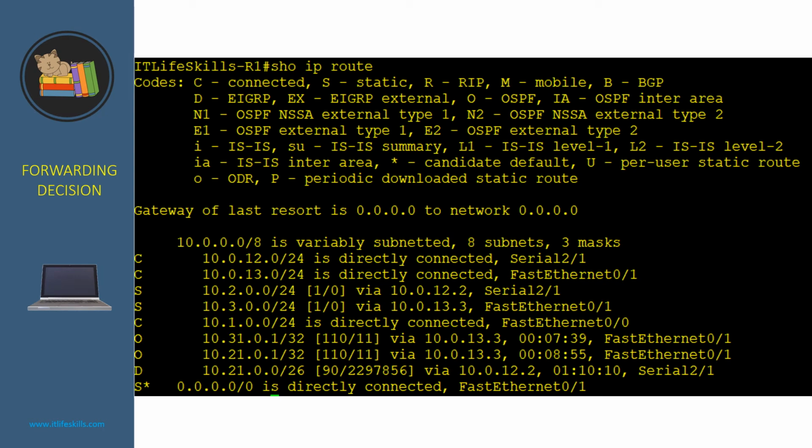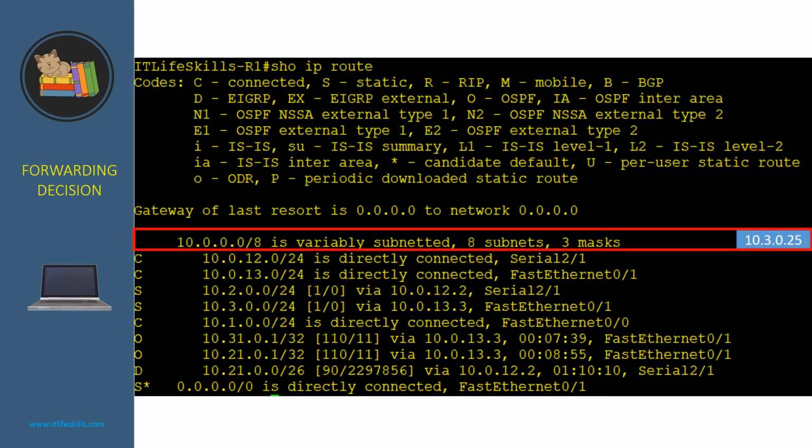Let's take a look at this example. In this example, the destination IP address is 10.3.0.25, and here is how the router makes the forwarding decision. It starts at the top of the table.